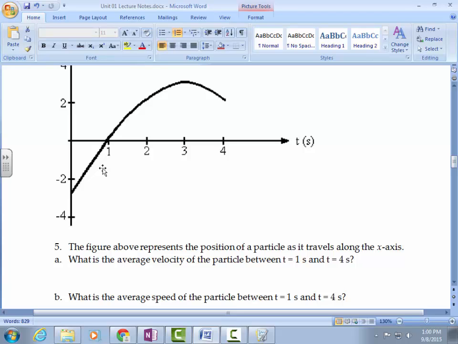What is x of 3? Yeah, let's say it's 3. What's x of 1? 0. Right? What's x of 4? 2. What's x of 3? 3.